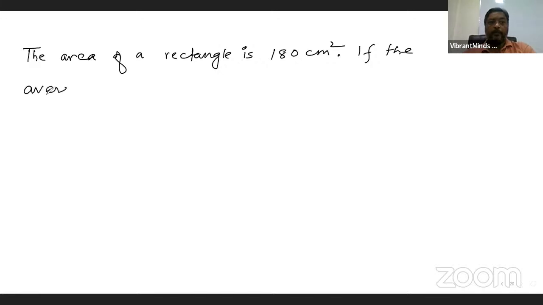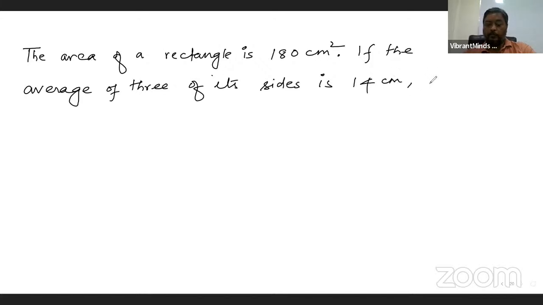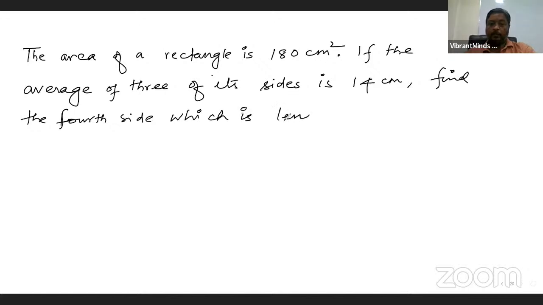If the average of 3 of its sides is 14 centimeters, find the fourth side, which is the length. Find the fourth side which is length.